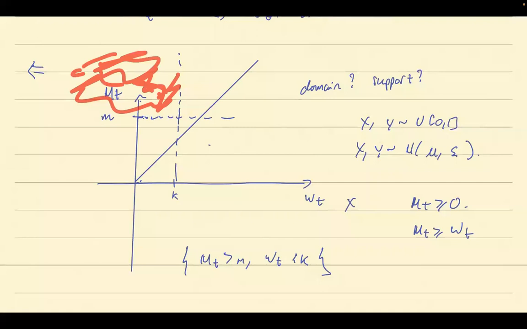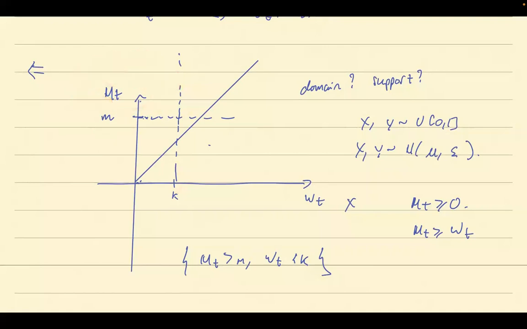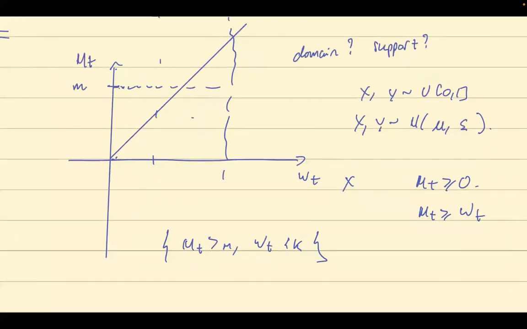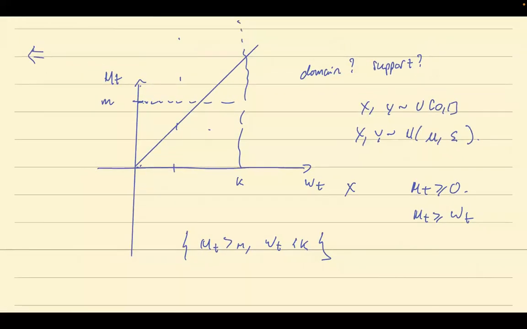Now here, I guess I was instinctively drawing K less than M. I was instinctively choosing K less than M. But is there anything wrong with just the picture itself for me to slide K all the way over here? As far as the event is concerned, is this event okay?